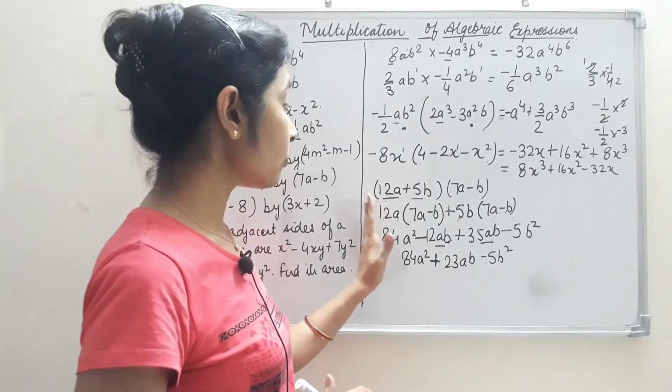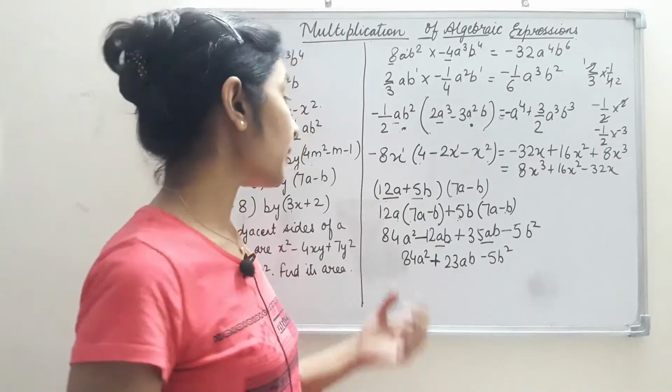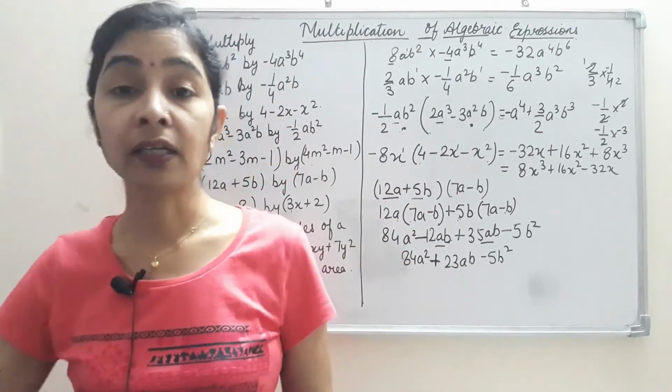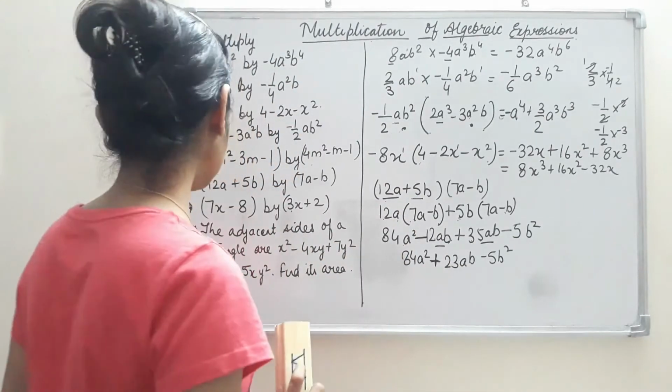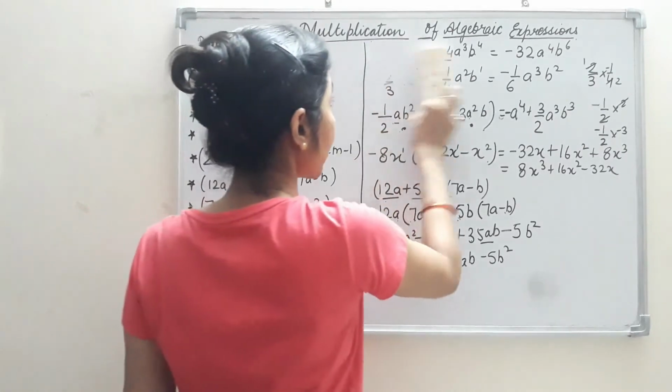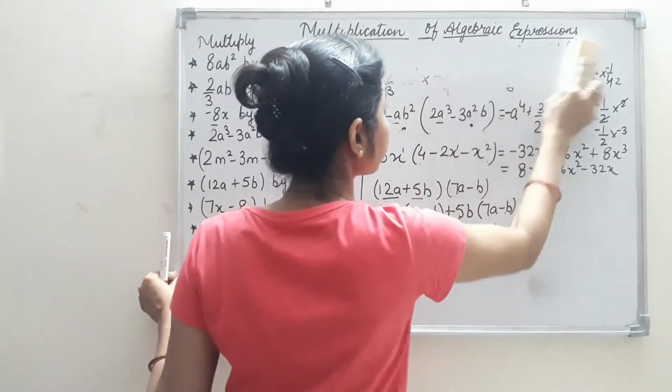Okay, so the rule is the distributive property we apply, that every term of the first expression is to be multiplied by every term of the second expression. Let us see one more example of multiplying the binomial with the binomial.